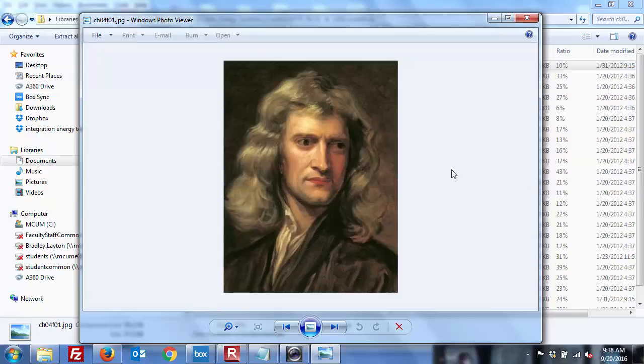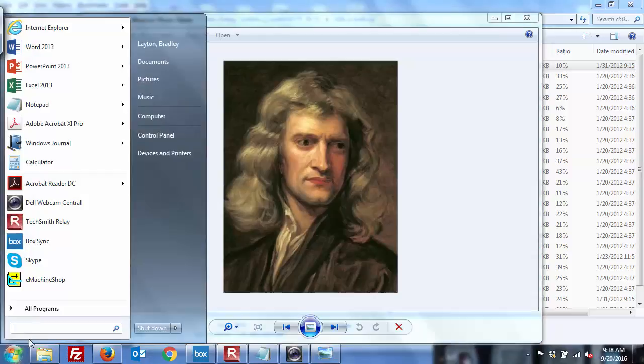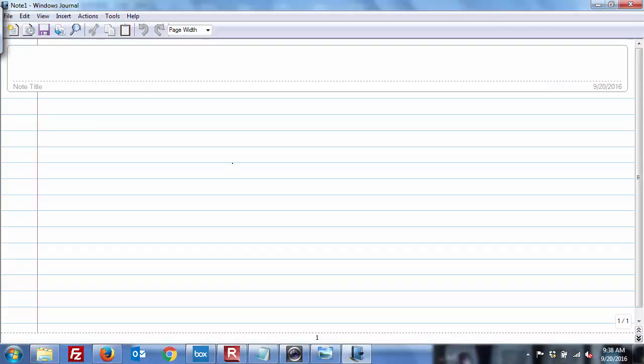So the three things we really want to take a look at here are Newton's 3 laws. One thing worth noting is that Newton stole 2 of the laws from Galileo. The first one is that objects in motion tend to stay in motion, and basically that just means the change in velocity equals 0.